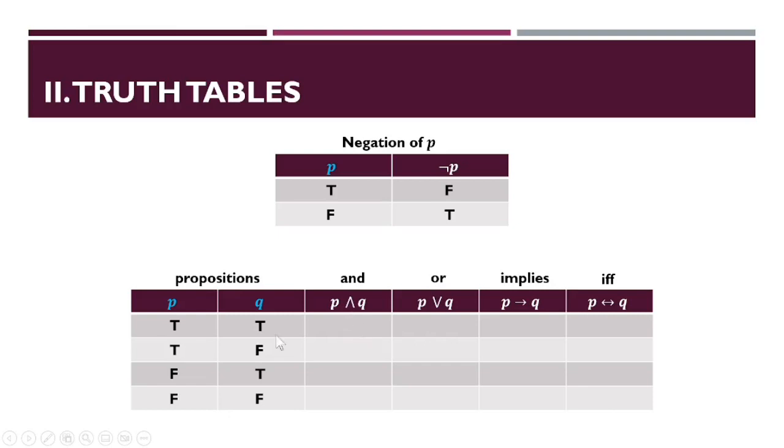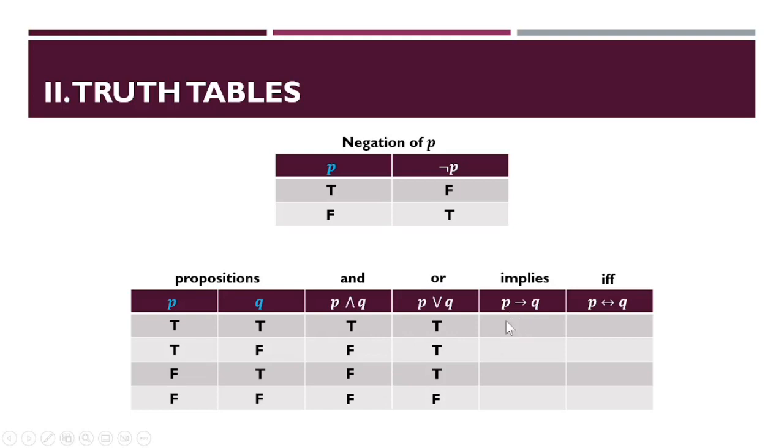For P and Q, it is only true if both of them are true. And if they are not both true, it is false. For P or Q, it is true if both of them are true or one of them is true.